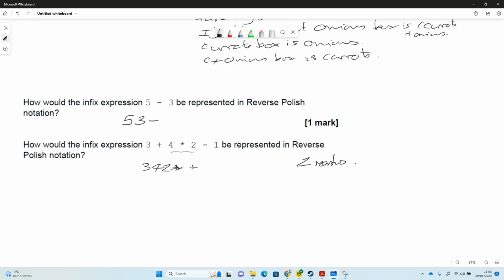So we do 4 2 times, and the result of that we do 3 add, and then we've got this 1 that we want to take away. So 3 4 2 times plus 1 minus for our 2 marks on that one. That one just takes a bit more thinking about, but if we try to remember the order we want to do them in, and I just wrote those down first with the times and then thought about what to do with the 3 afterwards, but you might just think, oh well, I can see that straight away.